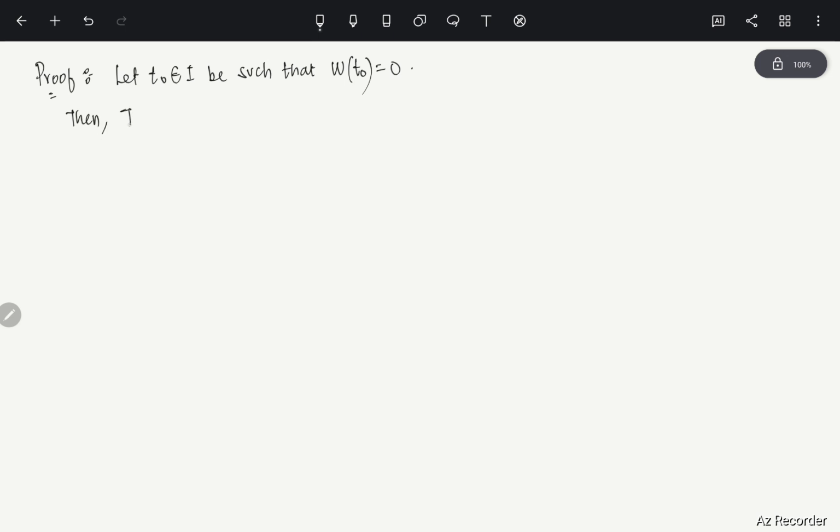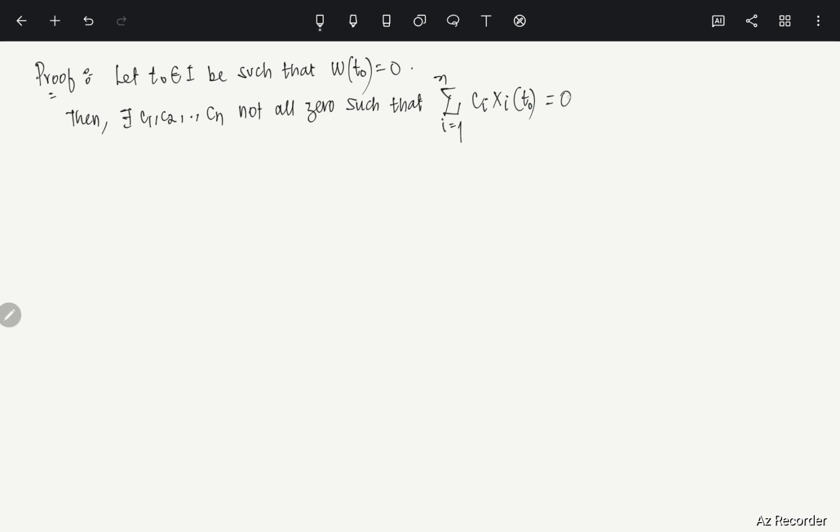Then, if the Wronskian is 0, there exist C1, C2, ..., Cn, not all 0, such that the summation for i equals 1 to n of Ci xi of t naught is 0.